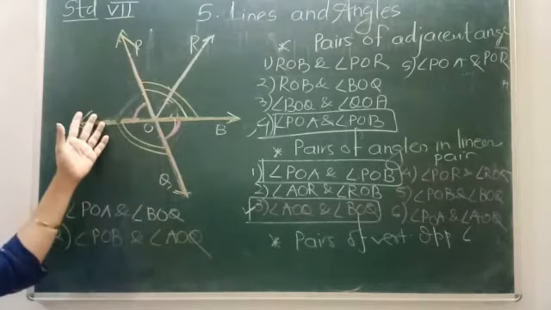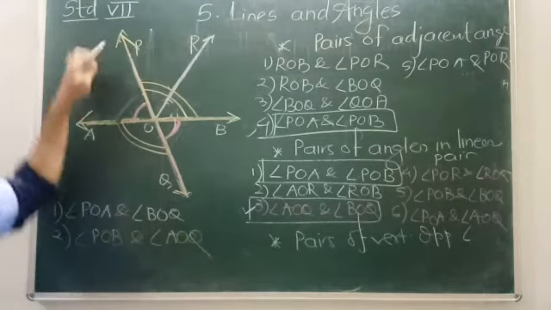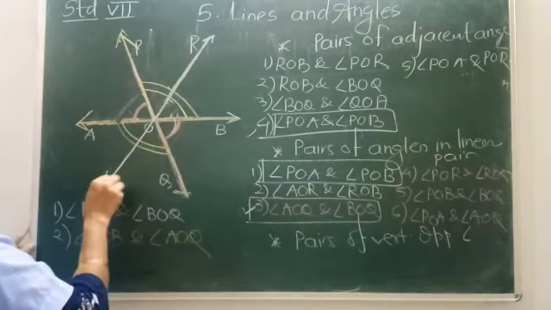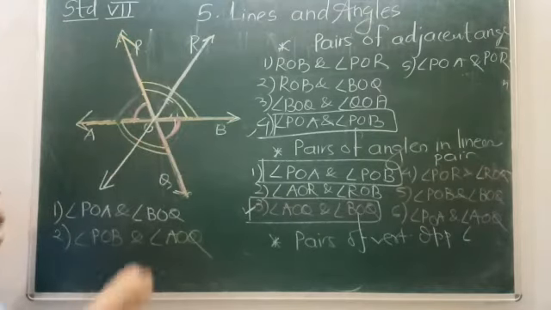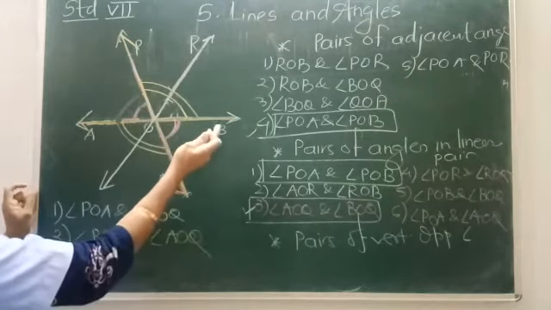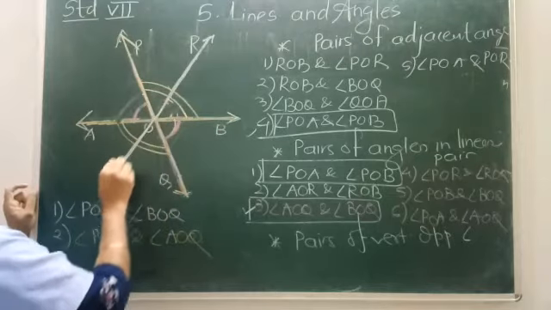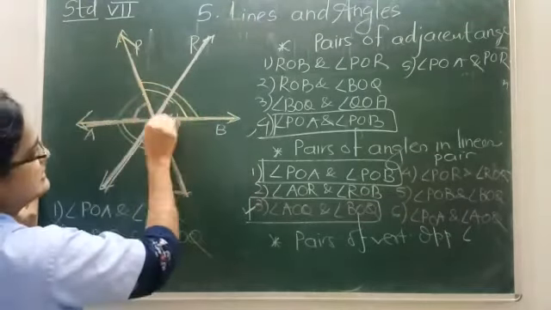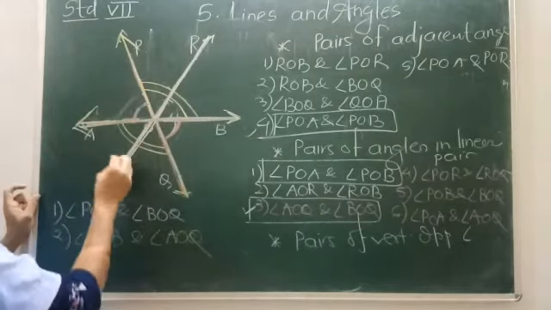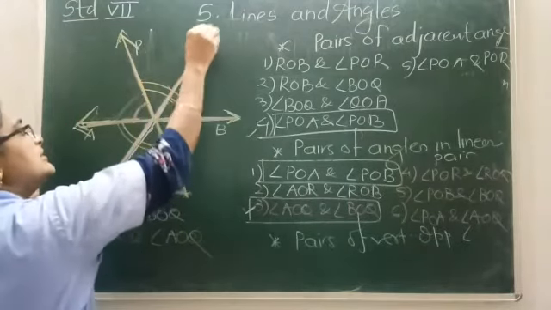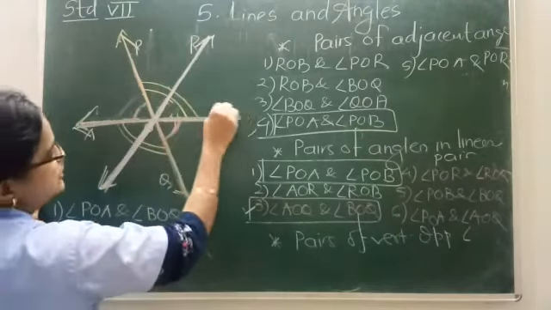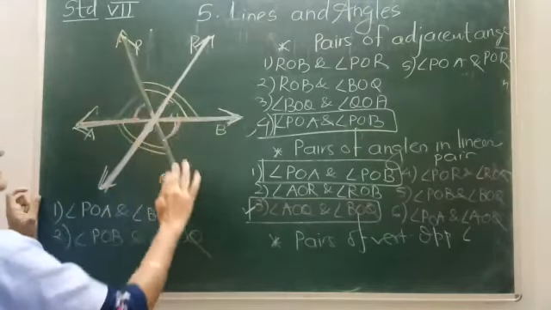Now there won't be any more vertically opposite angles formed because these are the only straight lines which are intersecting each other. If I modify this figure like this, then I can get some more pairs of vertically opposite angles. Then if I consider this straight line and this straight line, I know I am making the figure complicated, but it is necessary to develop your ability to analyze. See, concentrate on these darkened lines. Forget about this now.